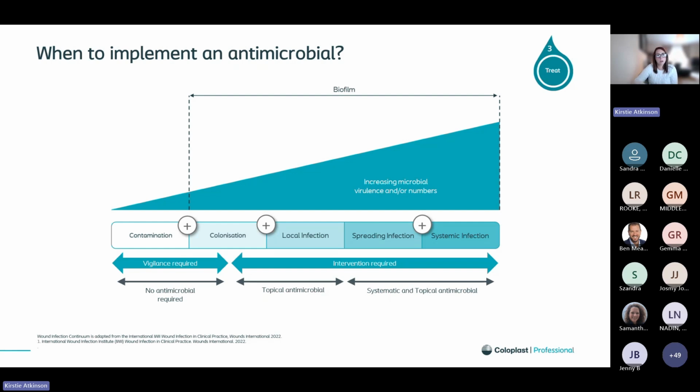But if you're using a product like Biatain Silicone, which, like I've said, retains 99.9% of bacteria and has that physical mode of action, you're already on the trajectory of trying to prevent that wound from tipping. However, if you have real concerns, then obviously reach out and get a second opinion on whether or not you need to use an antimicrobial.